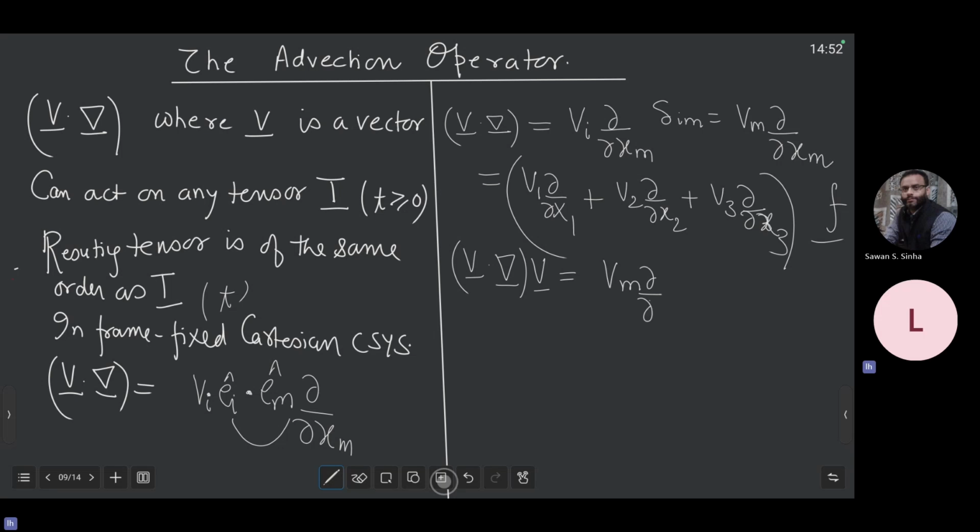I write it like this. What should come here? V. V should be written as what? ViEi. Any index except M is fine. Again, frame fixed Cartesian coordinate system, no need to worry about derivatives. So what are we going to get?